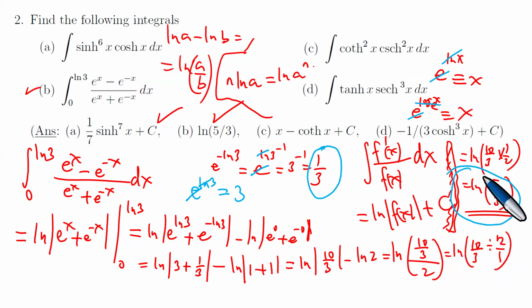So in the end, the C is never there whenever you have limits of integration. And this kind of integral is called a definite integral.